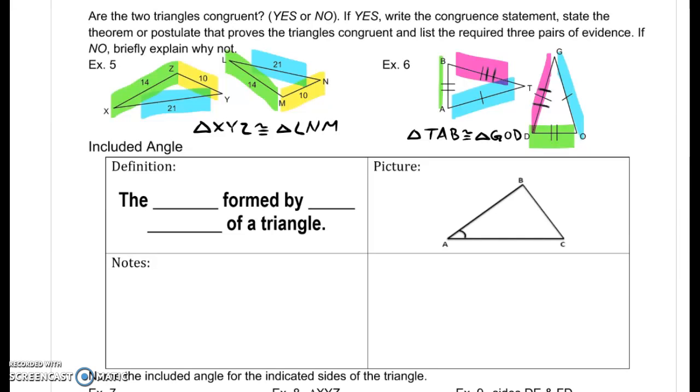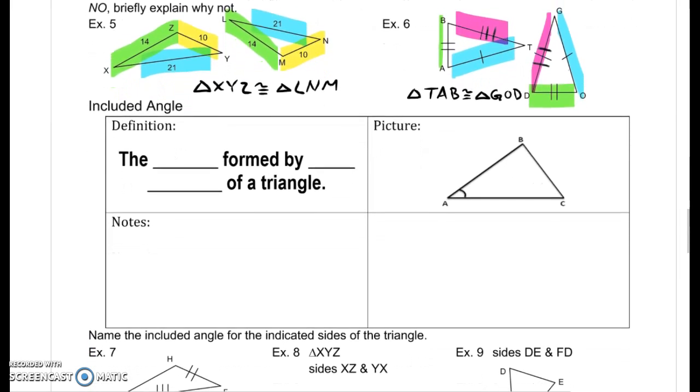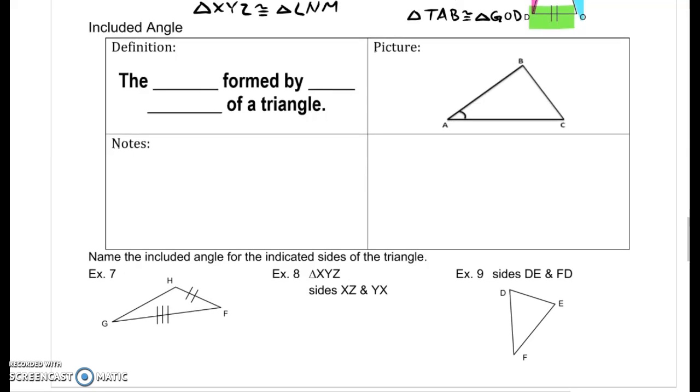Good. So the next term we need to know to move on is the included angle. It is the angle formed by 2 sides of a triangle. So as you can see, I have this side here and this side here.